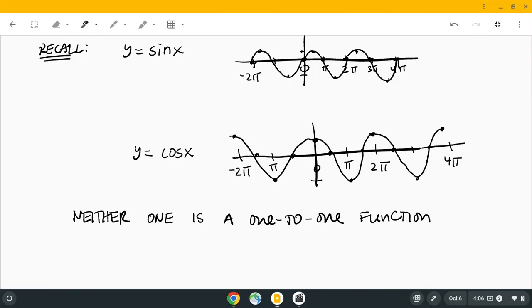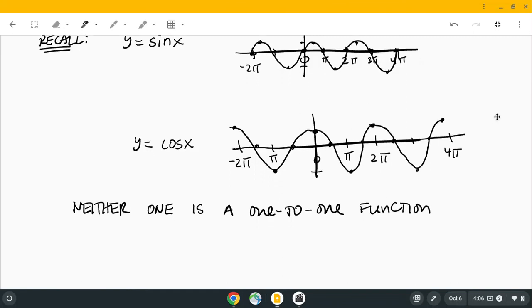So how do we get these inverse trig functions? Well, if we restrict the domain. Neither one is a one-to-one function unless we restrict the domain. And so that's what we do here.